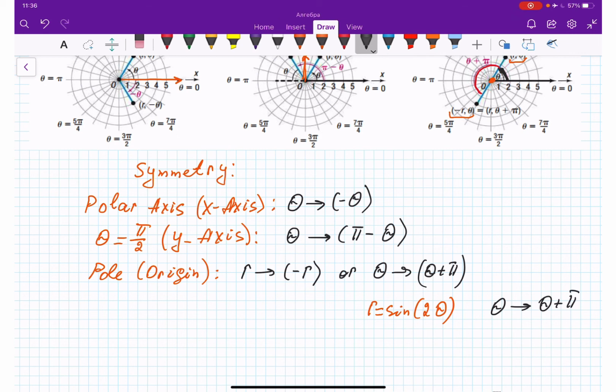In that case, you might wonder what this test of symmetry is good for if it's not satisfied every time. The point is, whenever a polar equation satisfies a condition of symmetry, then we know definitely that there is going to be symmetry in the graph, and it makes our life easier.